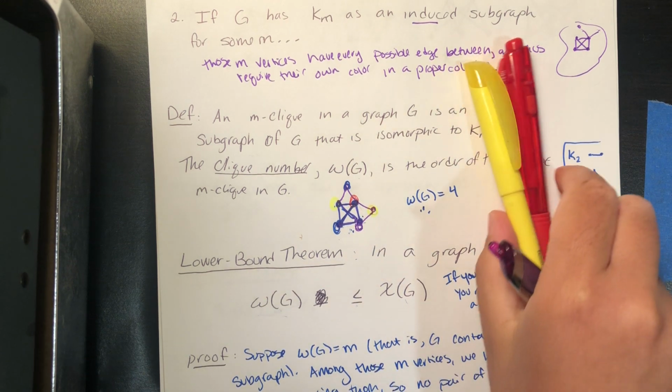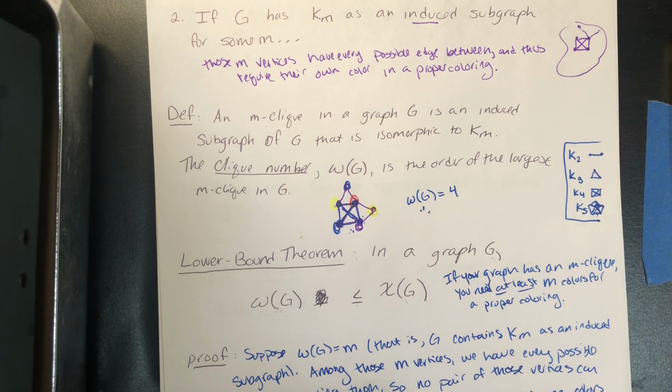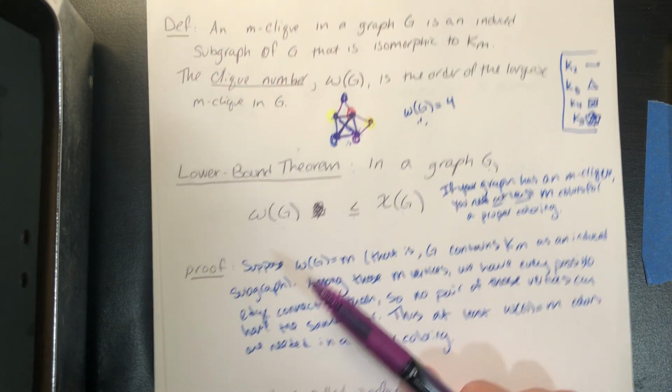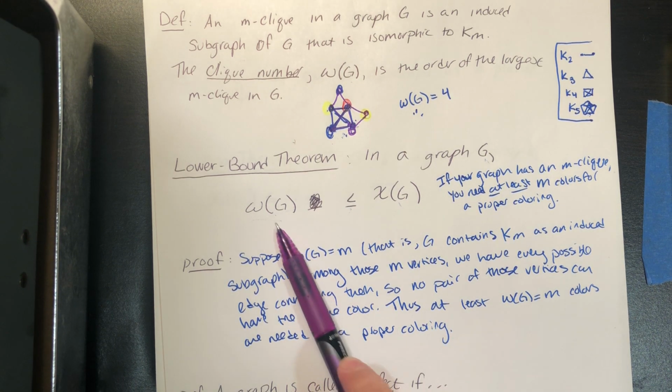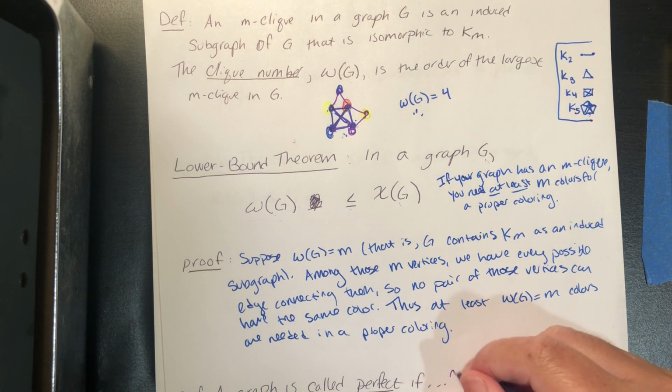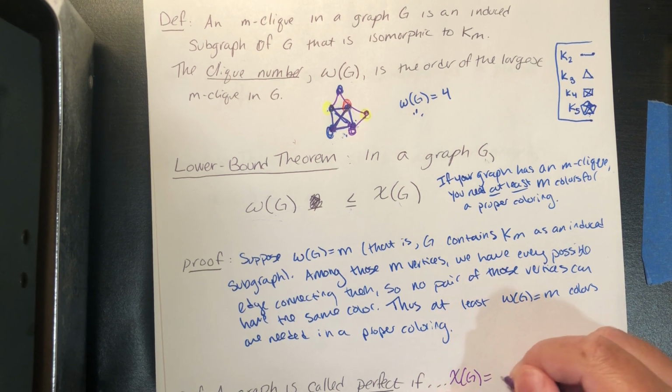Okay, now it doesn't tell me necessarily that that's the case. Sometimes the chromatic number will be strictly larger than that. If the chromatic number is exactly equal to the clique number, if chi of g is equal to omega of g, then we call that graph perfect. So a graph is called perfect if chi of g is equal to omega of g.